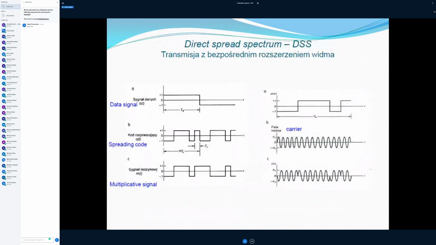Well, what I would like to say is that direct spectrum is the simplest method of spreading a spectrum. What we have in our Wi-Fi is the so-called frequency hop spread spectrum. What does it mean? It means that the spreading code is applied to change the carrier of a signal.